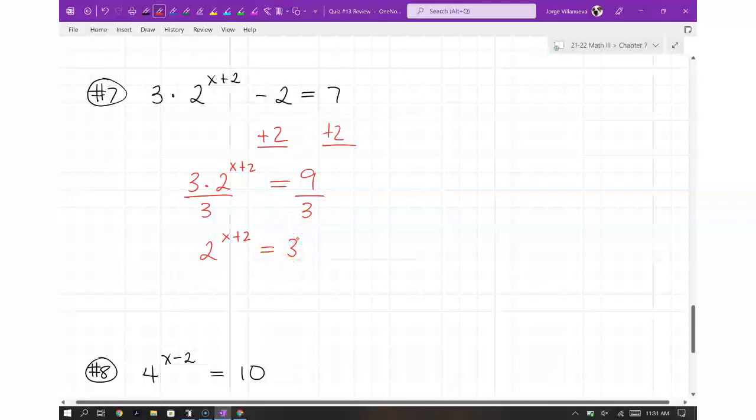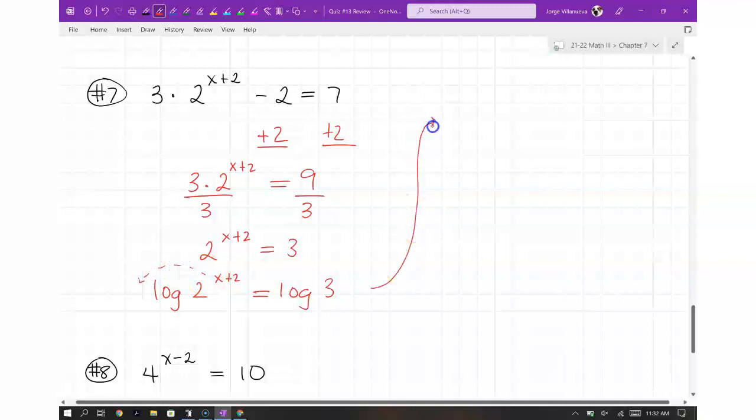Once I've cleared everything up and I have my base with my variable, all I have to do is introduce logs and then start solving like I just did in number 8. So let's introduce logs into this. So this will be log of 2 to the x plus 2 equal to log of 3. And remember, once you put the logs in, this power can be brought down to the front.